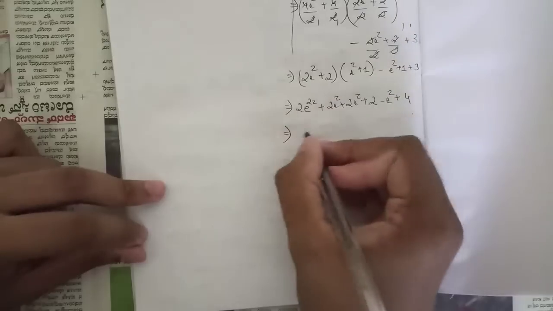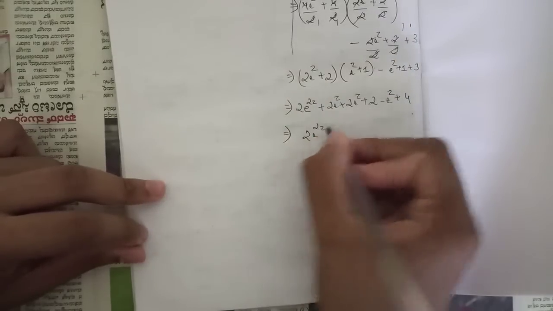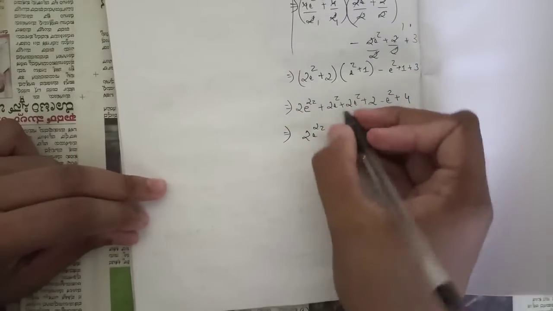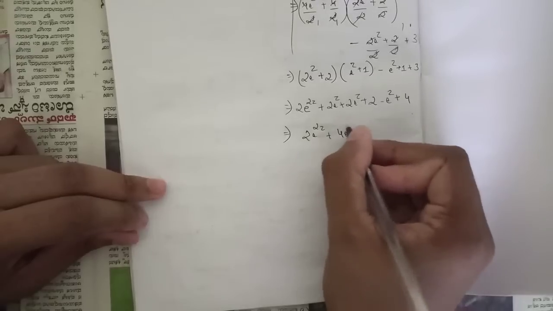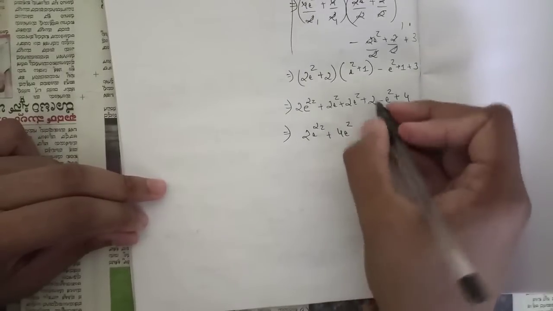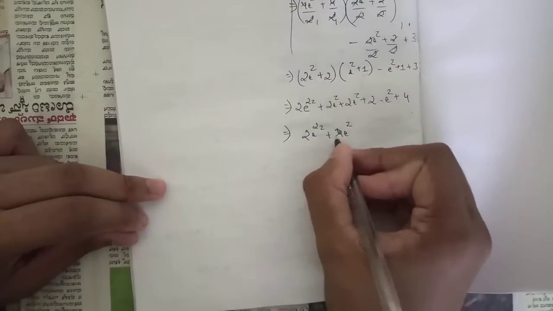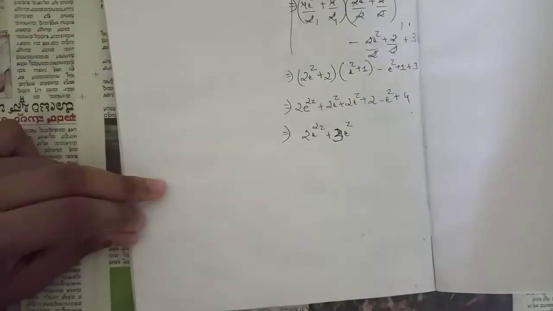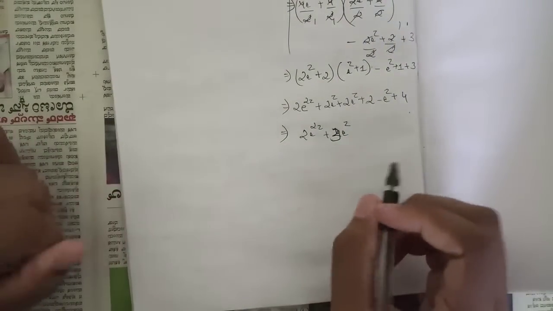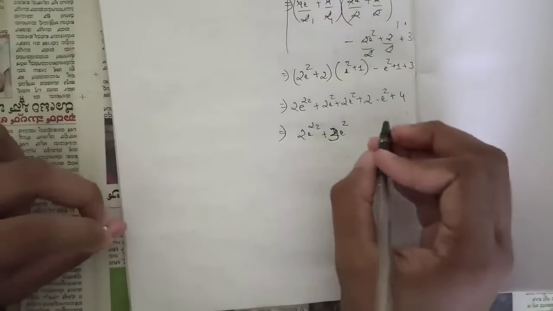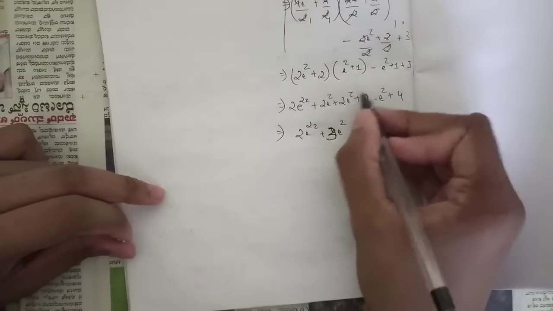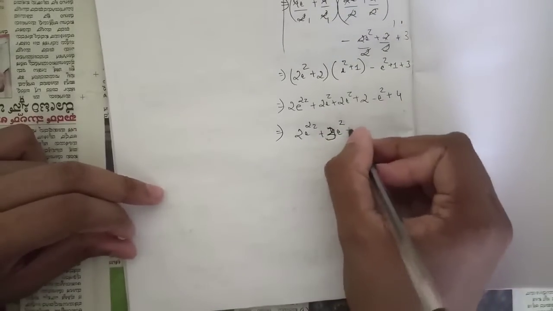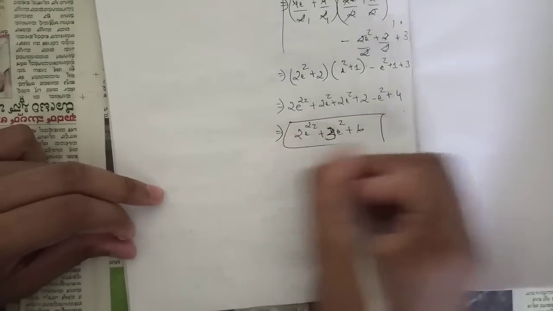So our final answer is 2 e power 2z, 2 e power z plus 2 e power z, that is 4 e power z, and also we have a minus e power z, so it will be 4 minus 1, that is 3 e power z, along with the constant term, that is 2 plus 4, that is 6.